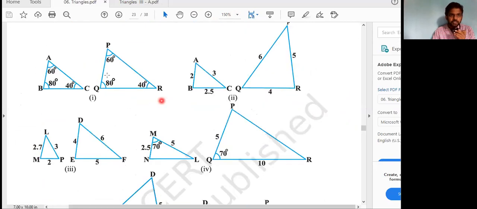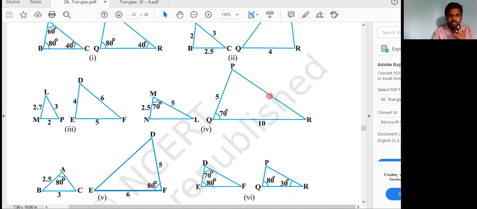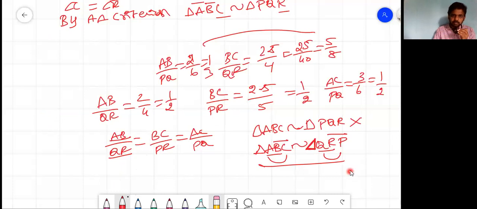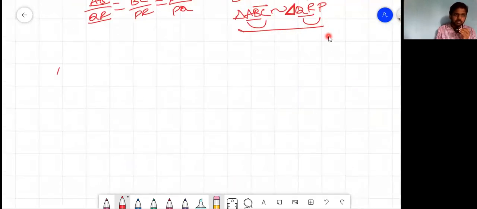So we have seen the AAA criterion and the triple S criterion. The second one is the triple S criterion because all the sides are proportional. So we'll see one more problem in the SAS criterion, the fourth subdivision. Here you can see MN divided by PQ is equal to 2.5 divided by 5, which is 1 by 2.